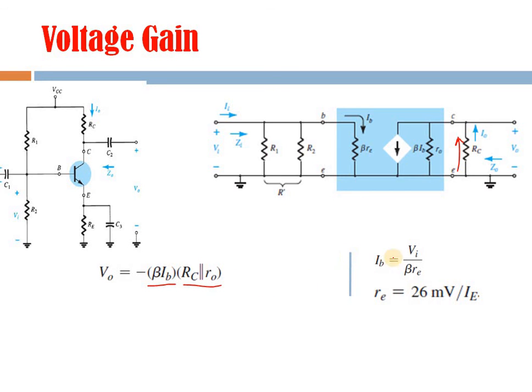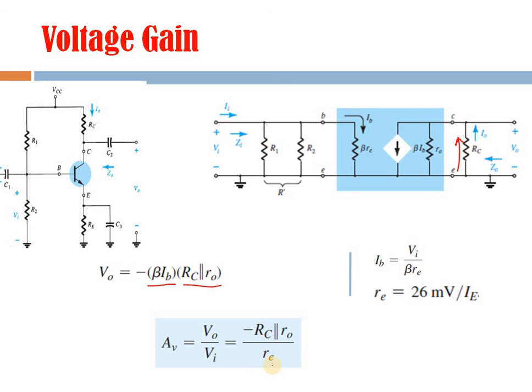Now if you put these values here, IB here, and you put RE here also, and then find out V0 by VI, you get this equation. So IB is beta VI divided by beta into RE. Beta will cancel, and VI will come here, V0 divided by VI. So what you get? The parallel combination of RC and R0 in the numerator, and here you will get only RE.